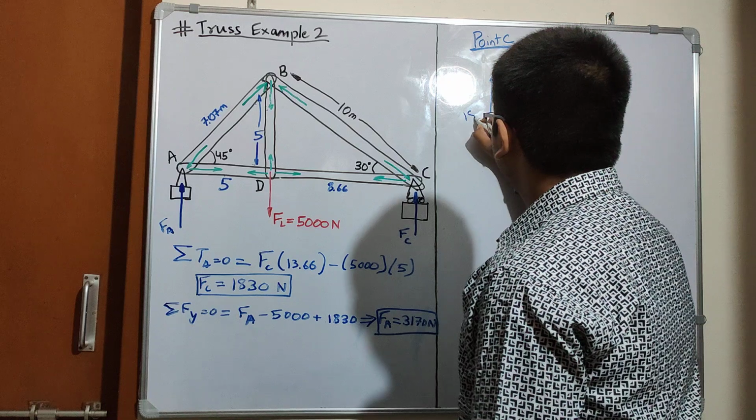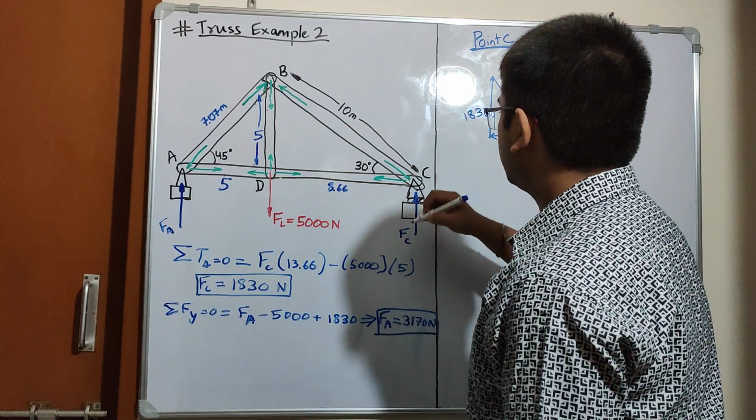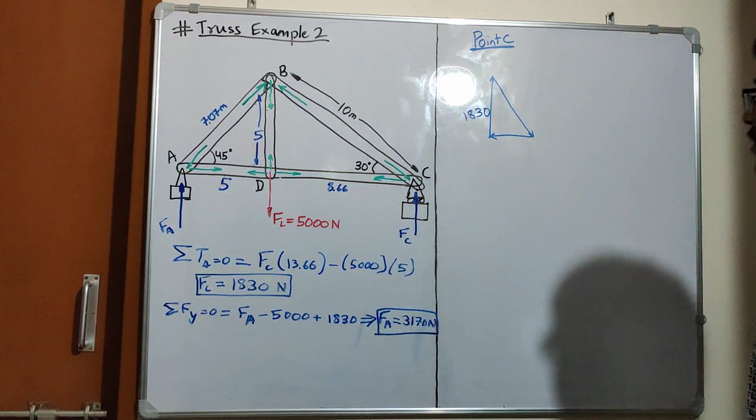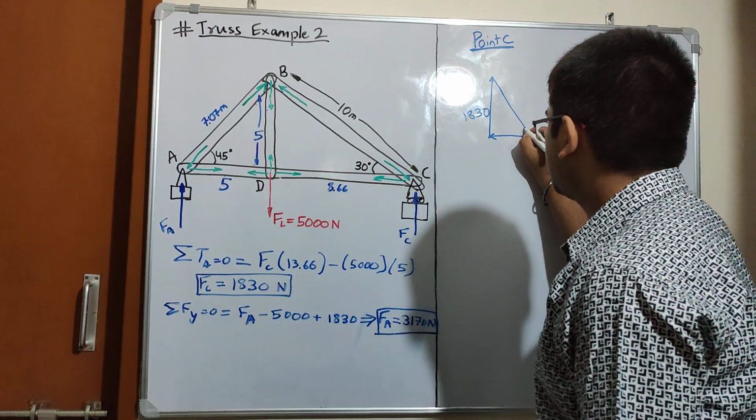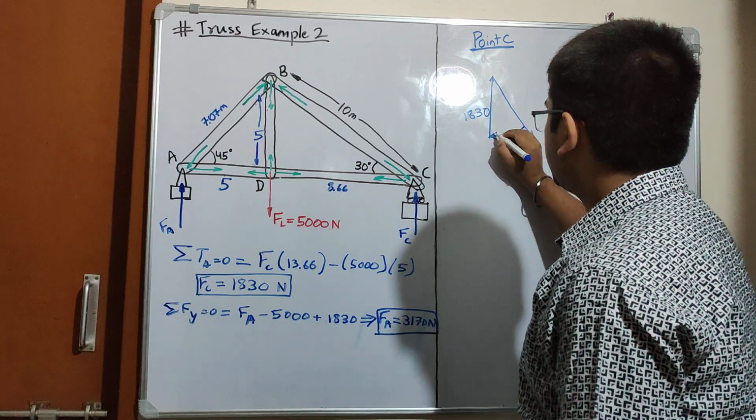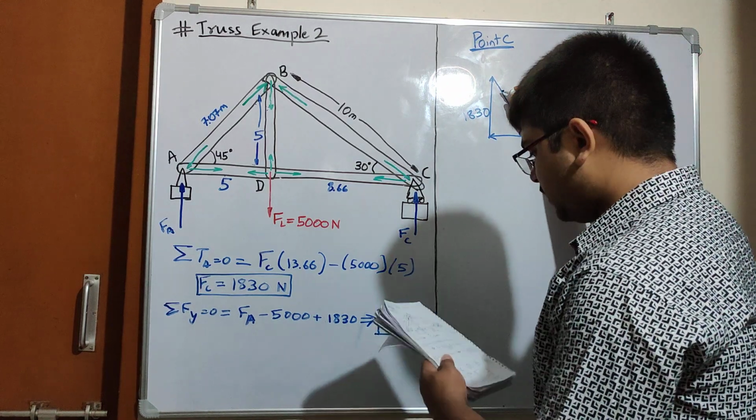Here we have 1830. First we will calculate these angles. So this is 30 degrees, this is 90 degrees, so this would be 60 degrees.